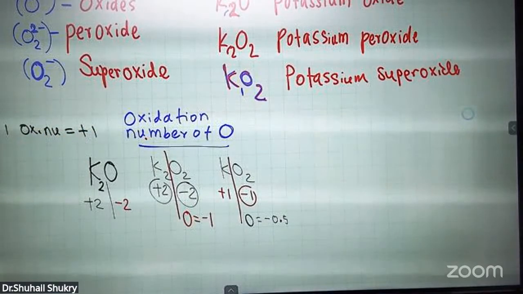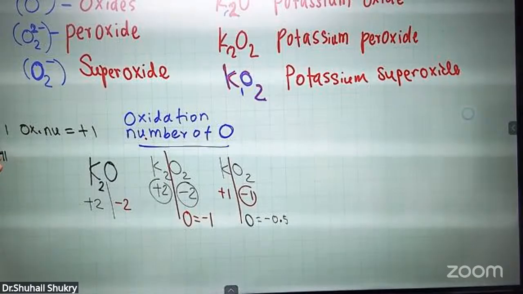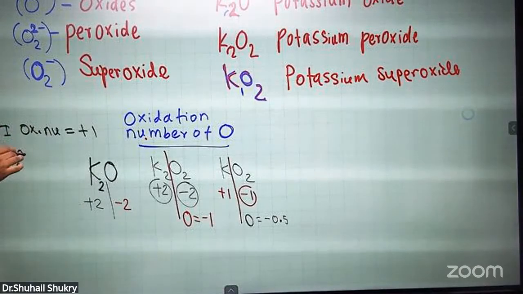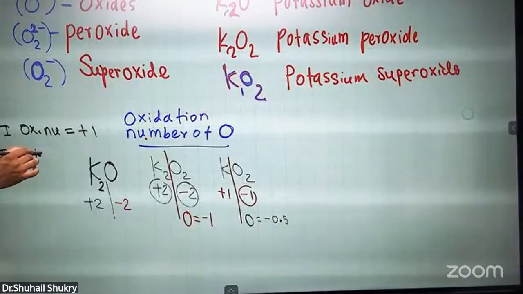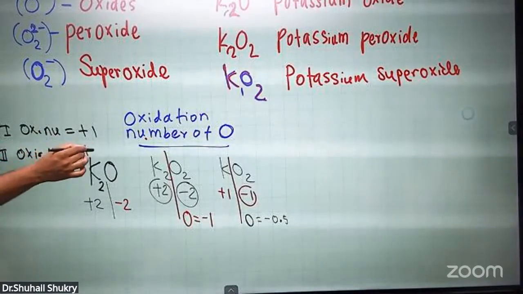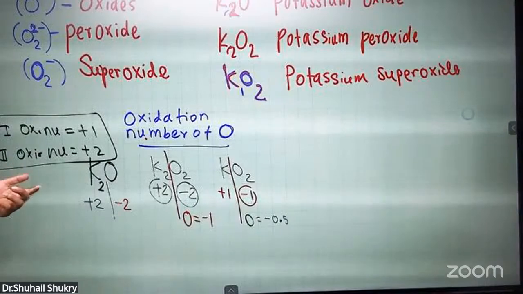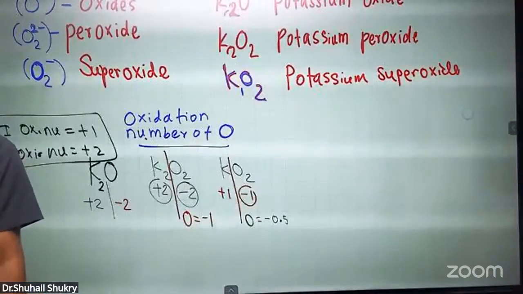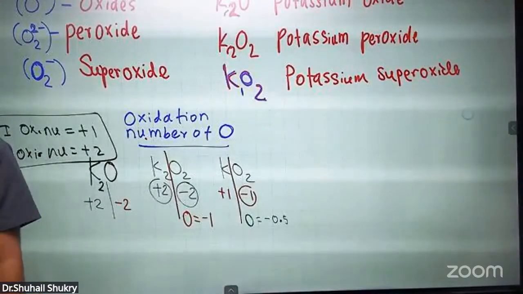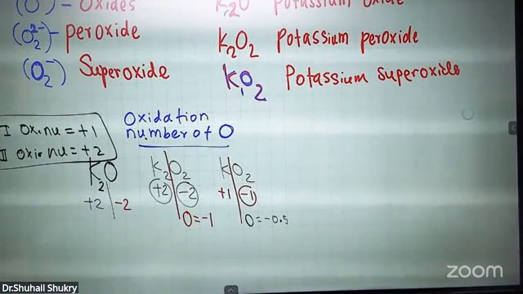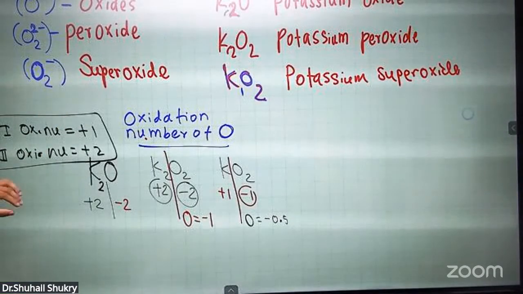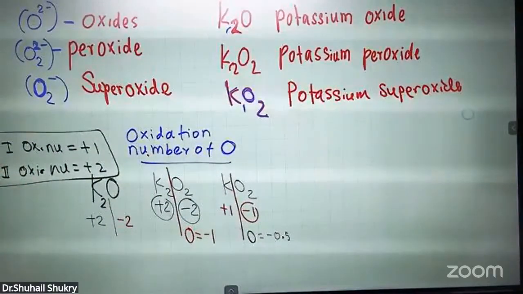Group 2 oxidation number is +2. All group 2 elements have oxidation number +2. But for group 3 we can't tell like that, we can't say all are +3. Only for group 1 and 2 can we say all the oxidation numbers are +1, and group 2 all are +2.